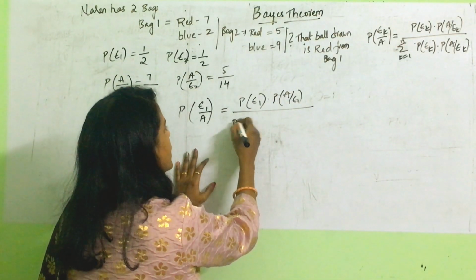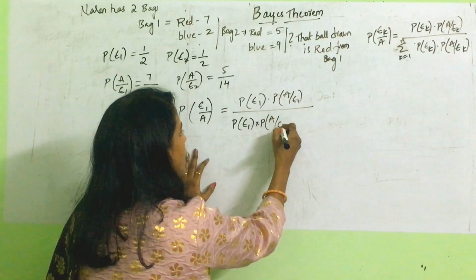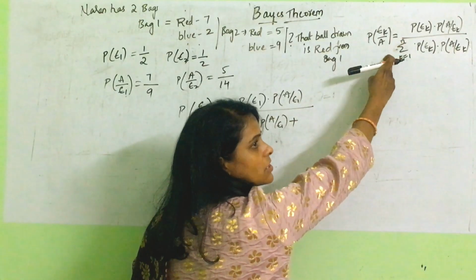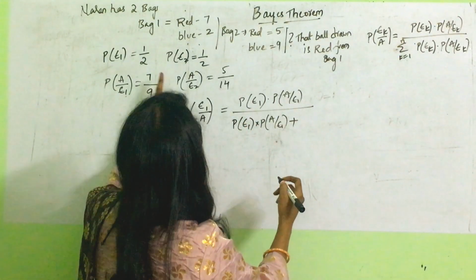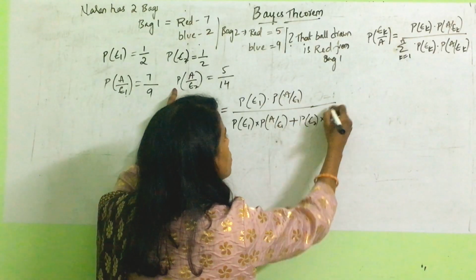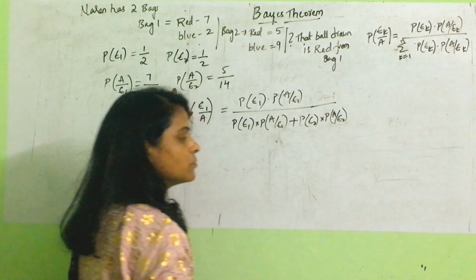That is P of E1 into P of A by E1, and one more is there. That is the reason we are writing the summation, sigma. What is the second one here? That is P of E2 into P of A by E2.